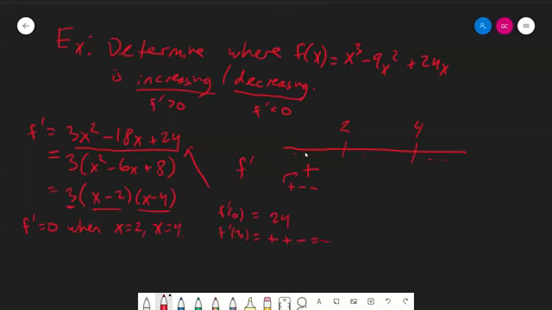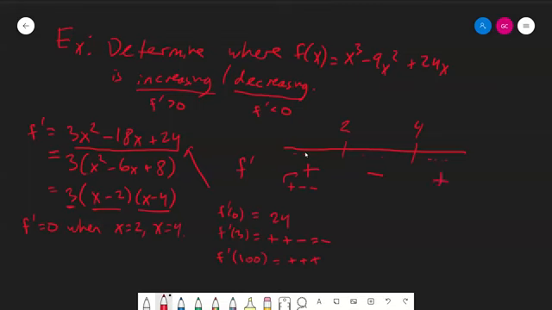So I get a negative. And then finally, I have one more range, which is things that are bigger than 4. You could pick 5, or you could pick 100 for all that it matters. And you get 3 times x minus 2 times x minus 4. All three of those factors are positive, so you get a positive output.